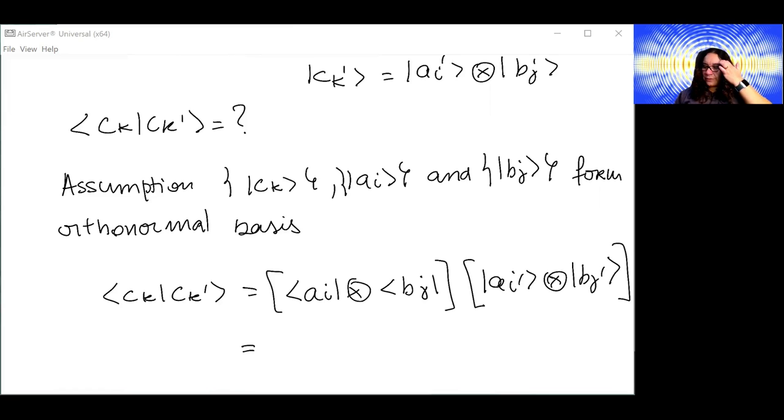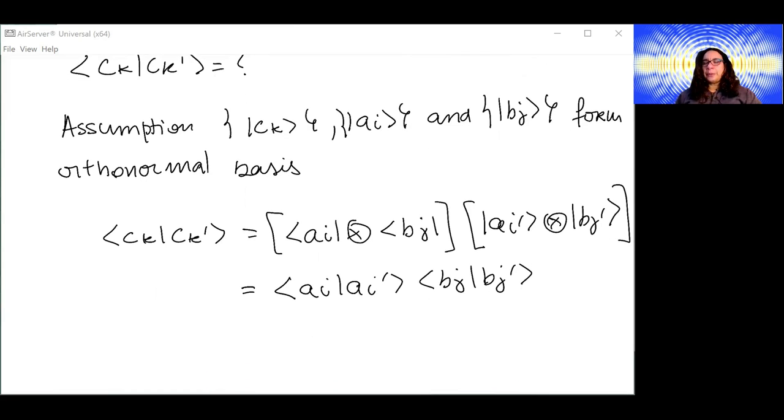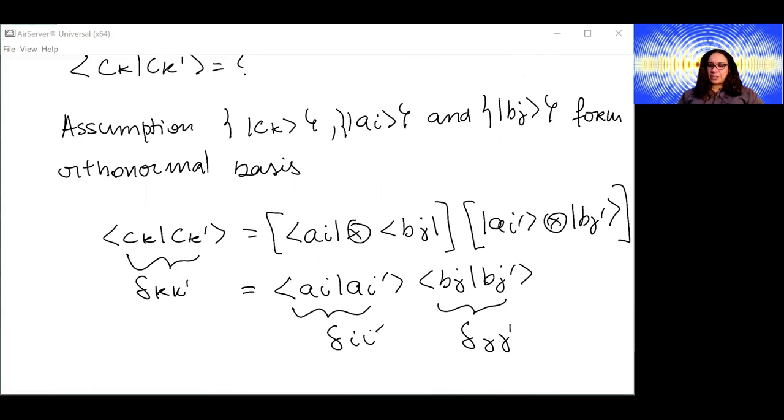This is going to give you the inner product of AI with AI dash times that of BJ with BJ dash, and we said they are orthonormal, which means that you are going to have Kronecker delta I I dash, Kronecker delta J J dash. So that's pretty much all; these rules have to continue being valid. And this, if you wish, is going to be delta KK dash.